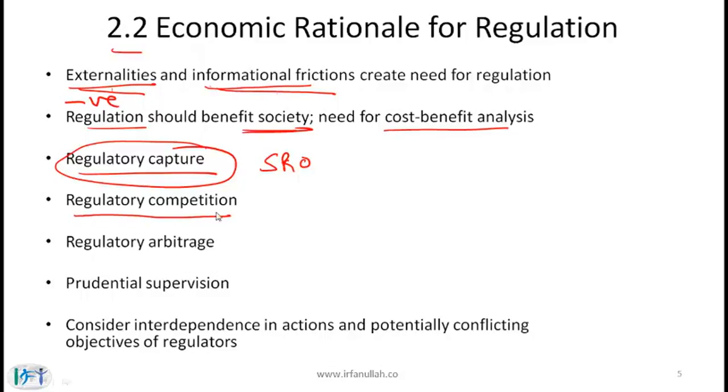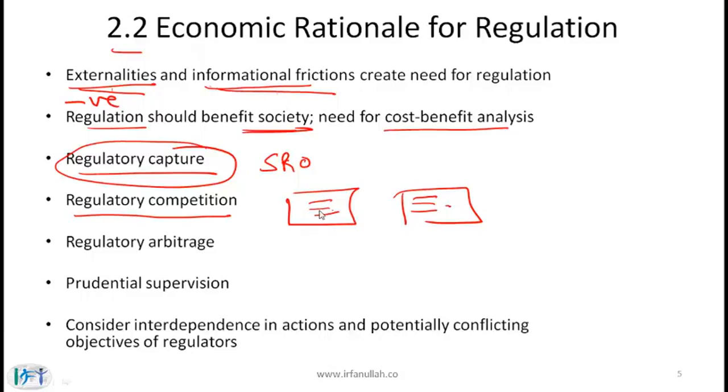Regulatory competition refers to the fact where you might have different regulators who are competing with each other. A simple example of this might be that you have multiple states in a given country, and let's say each of those states have some laws related to companies or laws related to mergers and acquisitions.